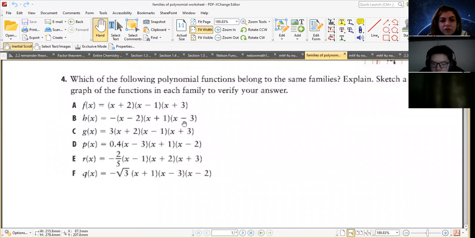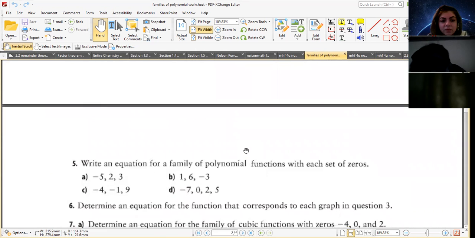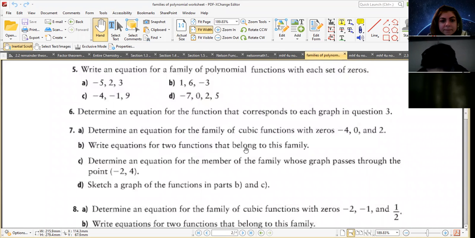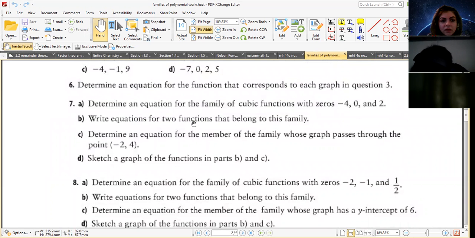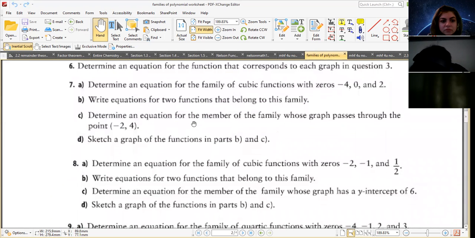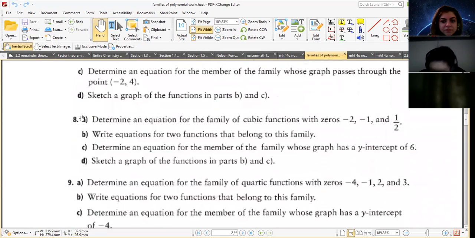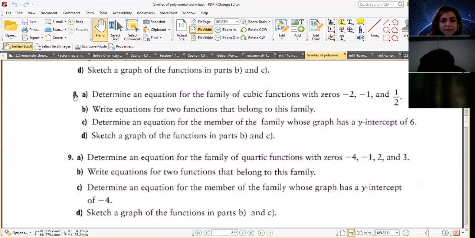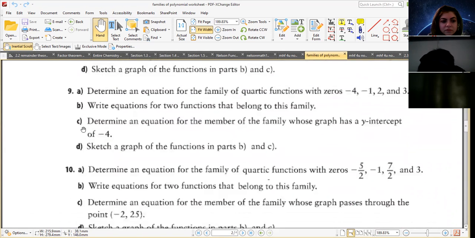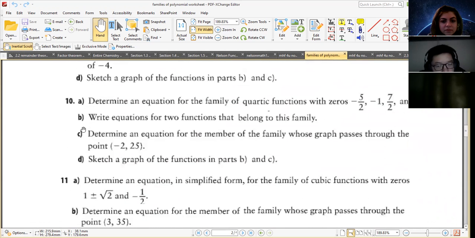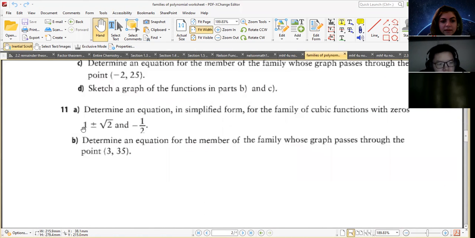The same thing, which of the following belong to the same family, number 4. So number 5, you can say C and D. Number 7, you do A, B, C. Number 8, and number 11.